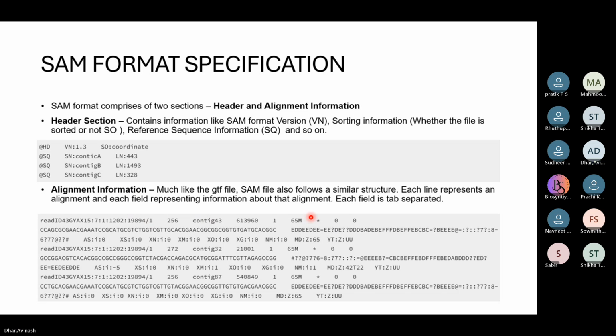If that information is not available, then you just put a star here. If it is aligning to a different contig, you would put the contig name here, and that would mean that the forward and reverse reads are aligning to separate contigs. So if it is an equal sign, they are aligning to the same contig. If there is a different contig name, it's aligning to a different contig. And if it's a dot or star, that means there's ambiguity about whether the reverse read is aligning or not.